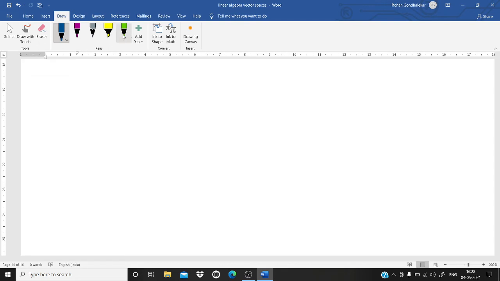Instead of doing that 1 by root 6 and all, I take a very simple example. So the question is, construct an orthonormal basis of R3 using the Gram-Schmidt process.